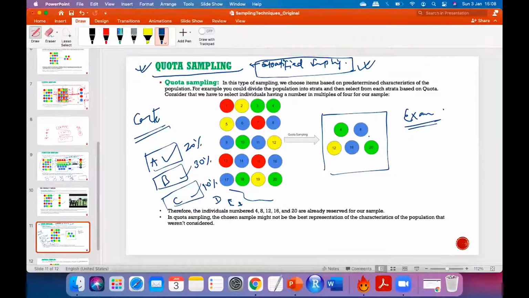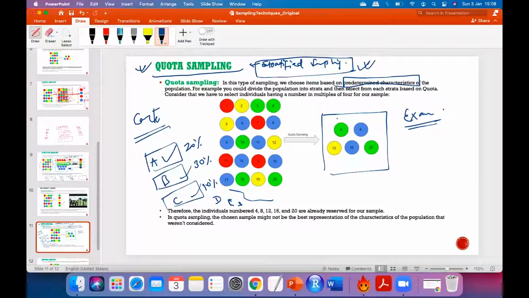So in a way, there is a quota or a reservation. And what is that reservation based on? Based on some predefined or predetermined characteristics. You understand what I'm trying to say? So I cannot change that. Can I change those predetermined characteristics? I have to consider them, yes or no? Yes, correct.